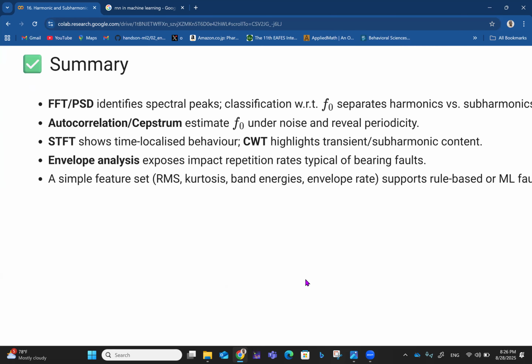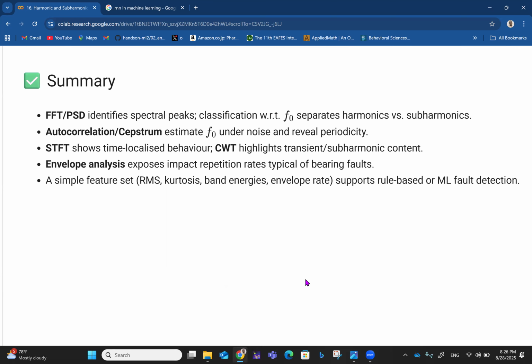In summary, we have seen that the fast Fourier transform and power spectral density identify spectral peaks, and we can have classification with respect to the fundamental frequency F naught, which separates harmonics versus subharmonics. To the right you have the multiples, which are harmonics, and to the left you have subharmonics, which are divisions, fractions of the fundamental frequency.